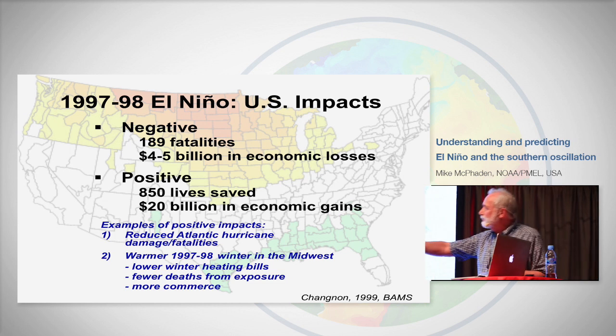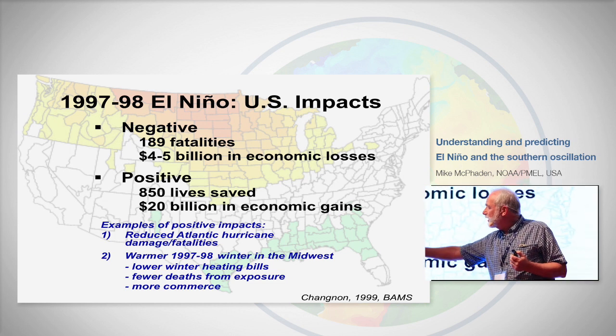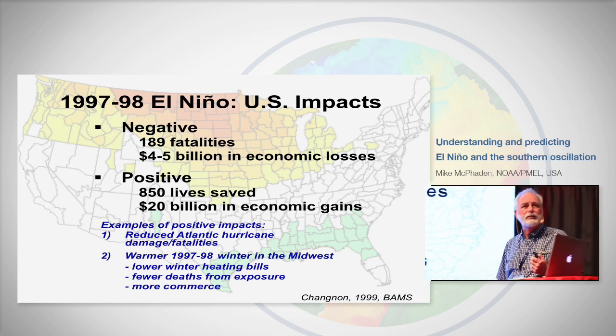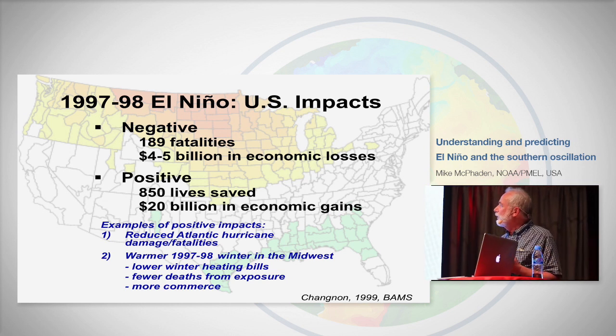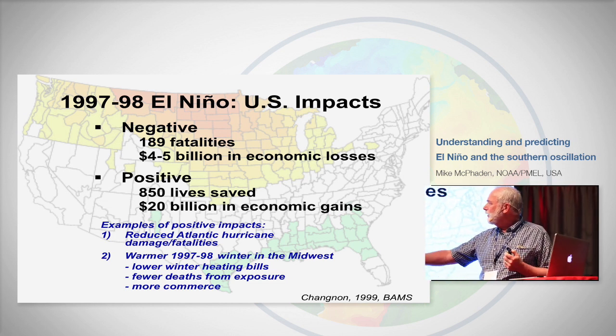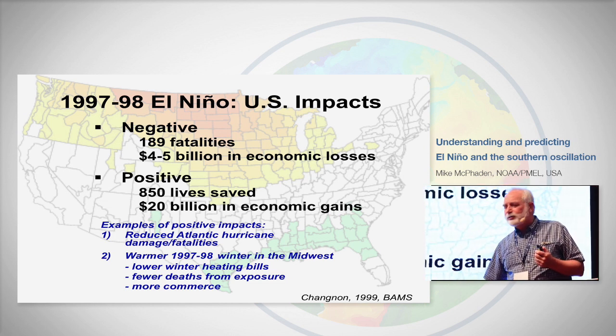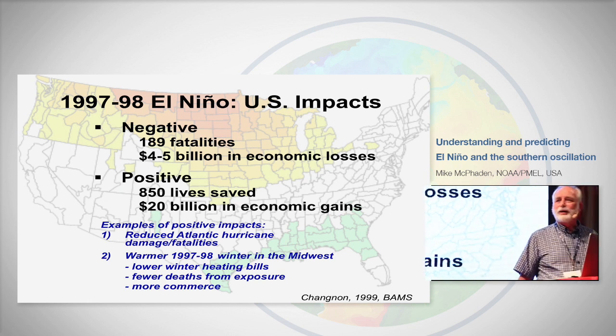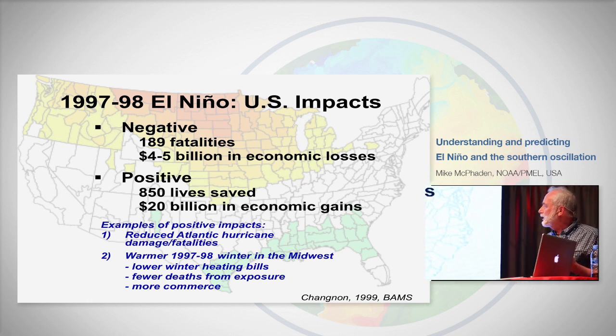I mean, there were some negative impacts. You could identify fatalities that were directly due to some of the extreme weather events, and $4 to $5 billion in economic losses. But there were some positive impacts as well. An estimate of 850 lives that were saved, and 20 billion in economic gain.